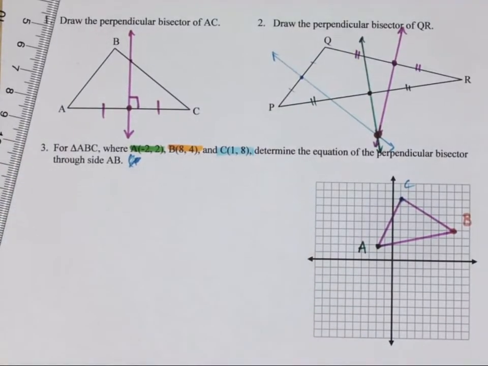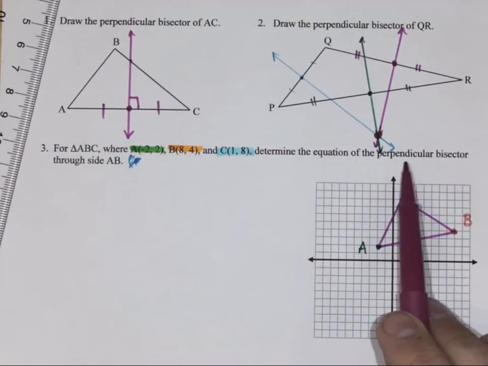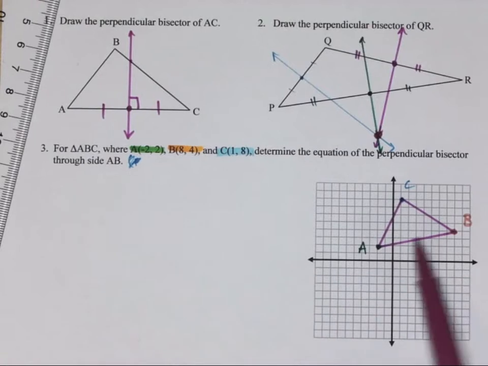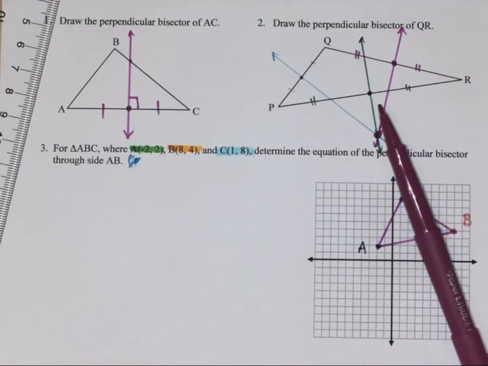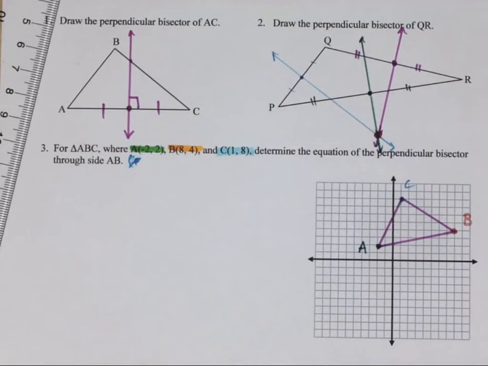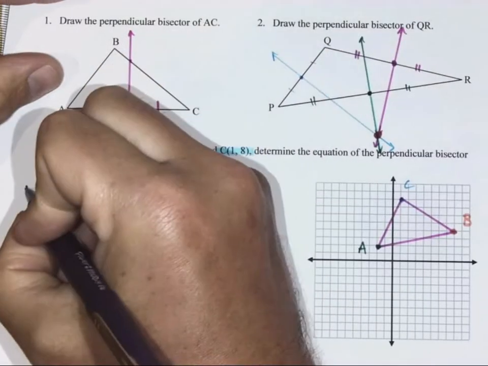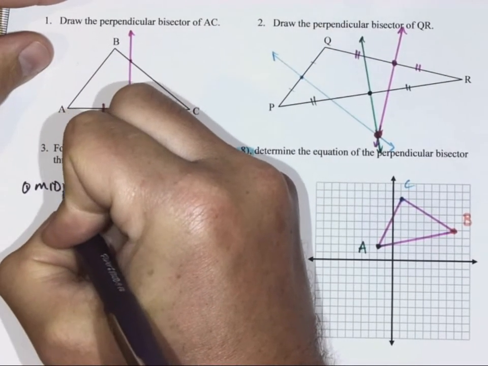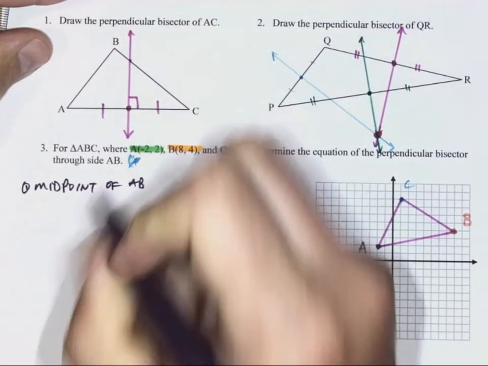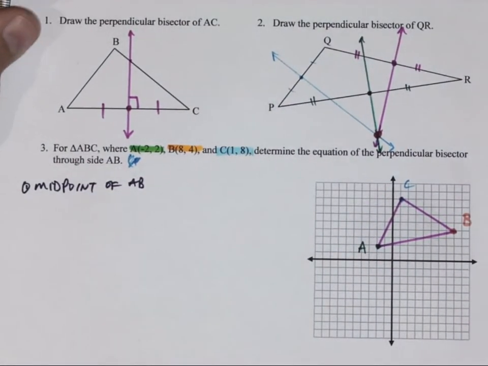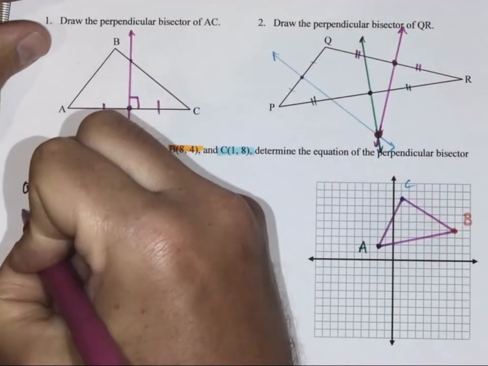Now, if we need a perpendicular bisector through side AB, we need to find the midpoint and then draw a 90-degree line through that midpoint. So step 1, we still need the midpoint of AB. So we continue our midpoints.